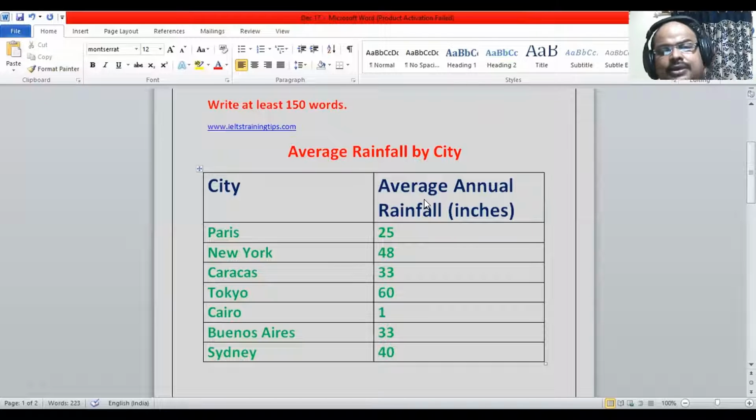Now the second category I can say is Caracas and Buenos Aires and Paris. Now these 3 cities we can categorize as the next particular group. So we can say group A has higher rainfall than group B.